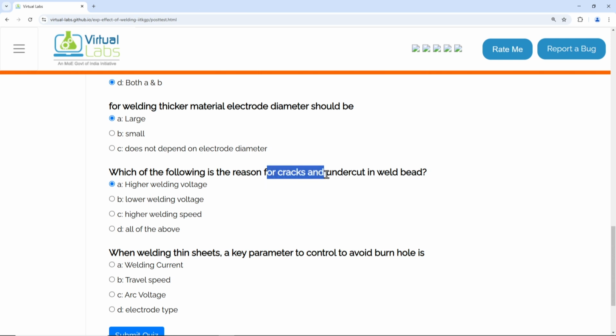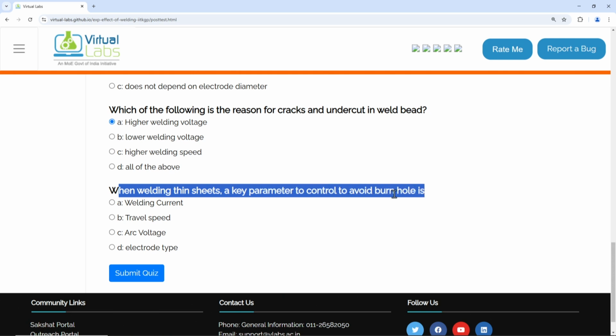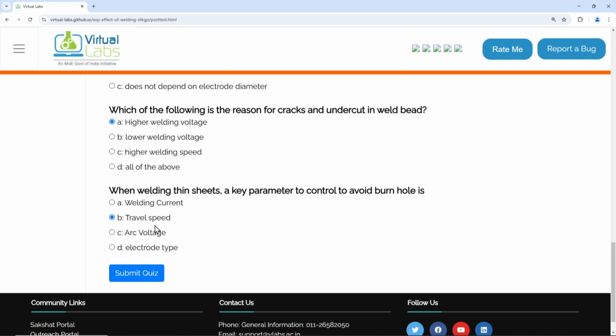Cracks and undercut are there because higher welding voltage is there and there is not enough current to compensate, and the bead is not fully created, and there is a void or crack generated. When welding thin sheets, a key parameter to control to avoid burn hole is welding current, travel speed. For thin sheets, travel speed has to be optimum so that no burn hole is generated.